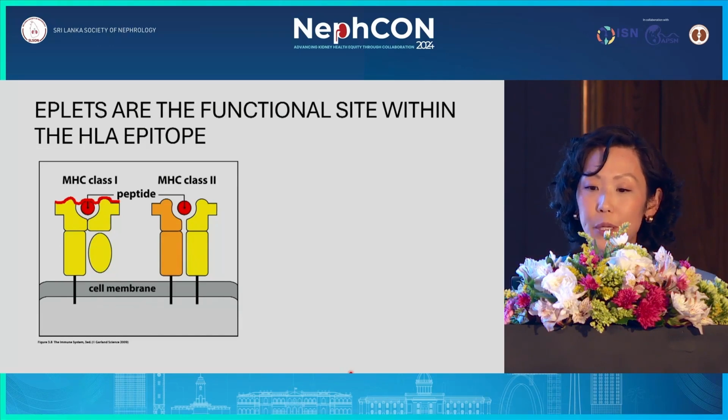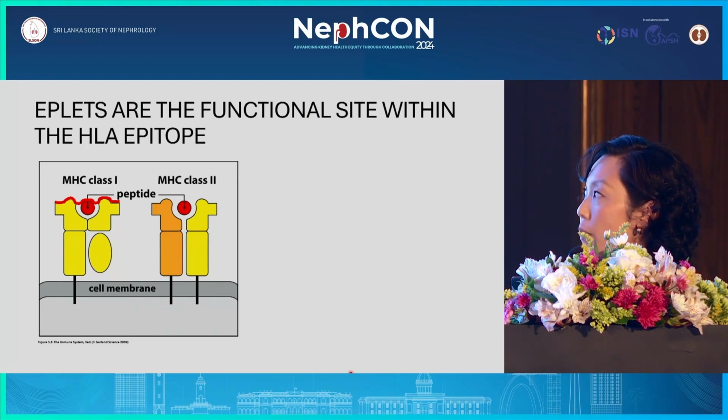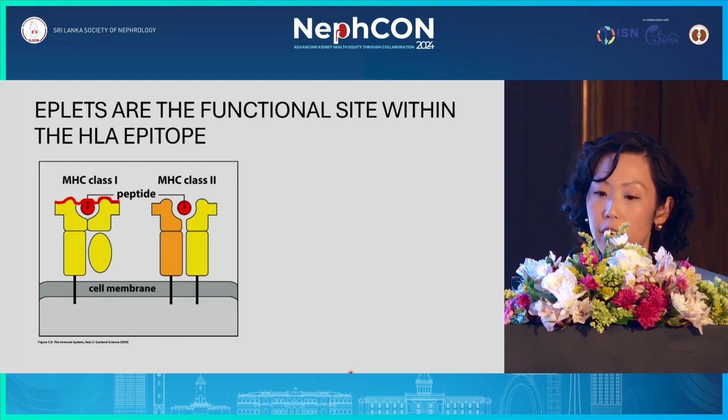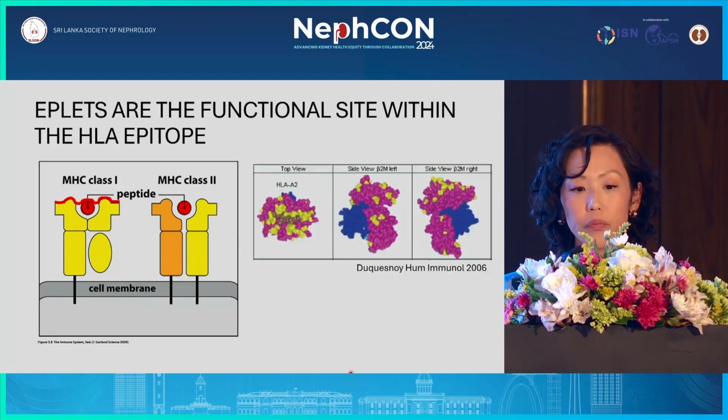The HLA epitope is the physical site that a donor-specific antibody binds to on the HLA molecule, and it encompasses the distal surface of the molecule around the peptide binding groove, as well as the peptide itself, represented by the red line.